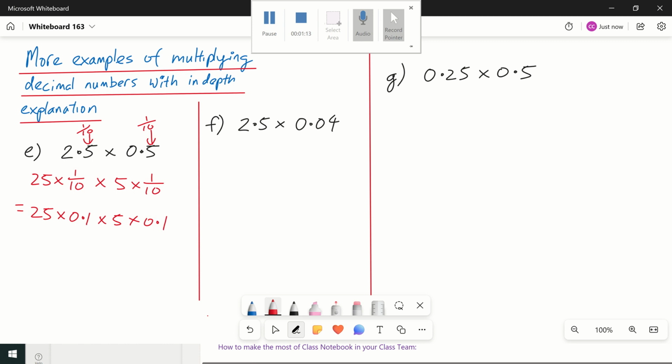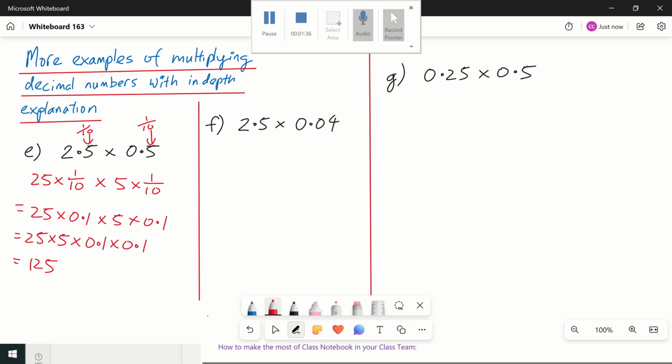And we can bring the whole numbers together, that's 25 times 5, and then we put the decimals together, 0.1 times 0.1.